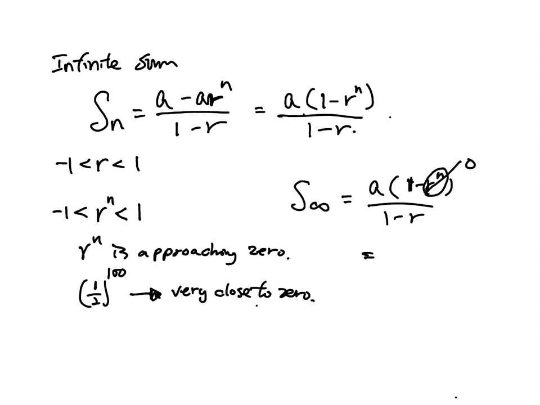Therefore you get a times 1 minus 0 over 1 minus r, and you get a over 1 minus r. That's the infinite sum. So that's how they came up with the formula. But the stipulation is r has to be between 1 and -1.